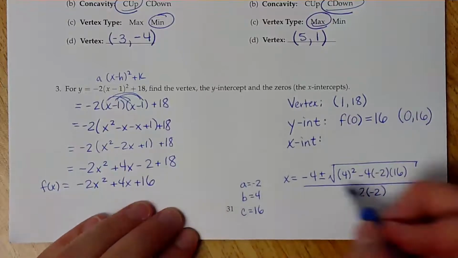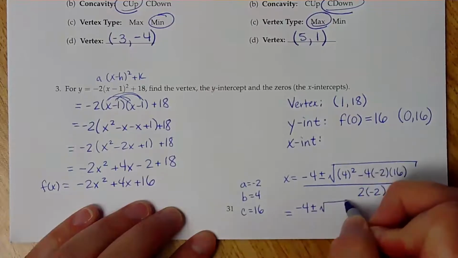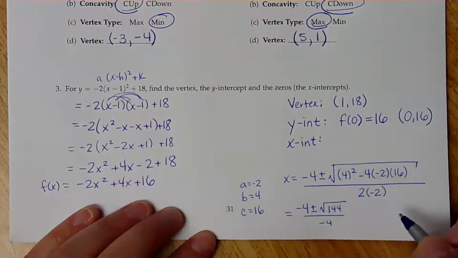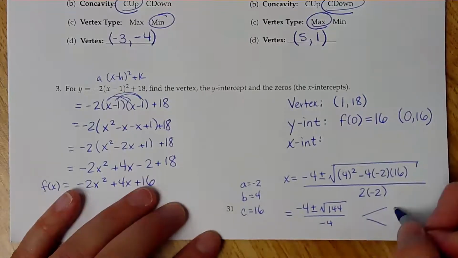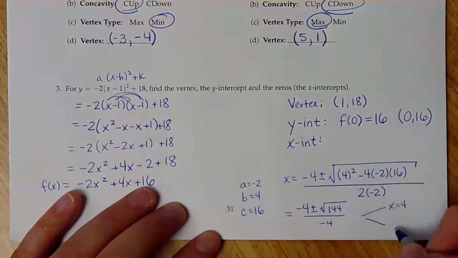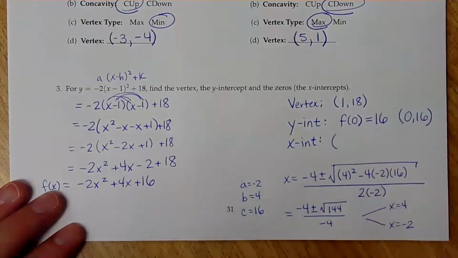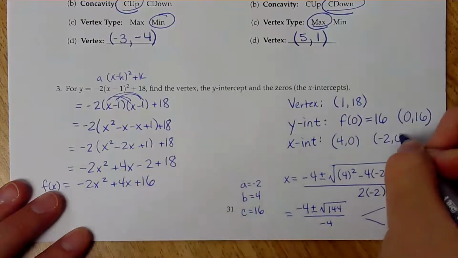If I put this into my calculator, I get -4 plus or minus the square root of 144 over -4. And that gives me 2 answers, either x is equal to 4 or x is equal to -2. So that would mean my x-intercepts are (4, 0) and (-2, 0).